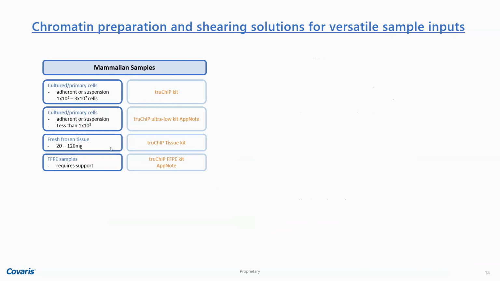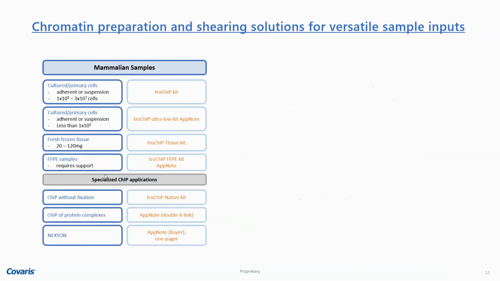We furthermore have a solution for fresh frozen tissue ranging from 20 to 120 milligrams. And we also have a solution if you want to perform chromatin immunoprecipitation for FFPE samples, formalin-fixed paraffin-embedded samples. And we have also more specialized ChIP applications where I can provide you internal literature and testing.